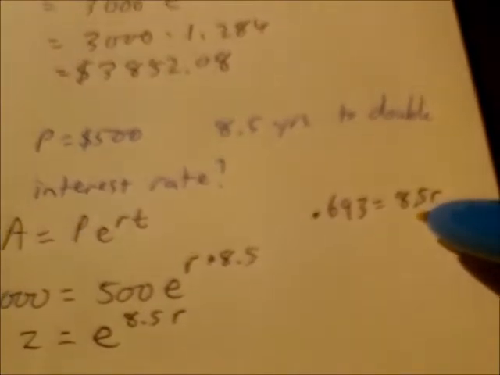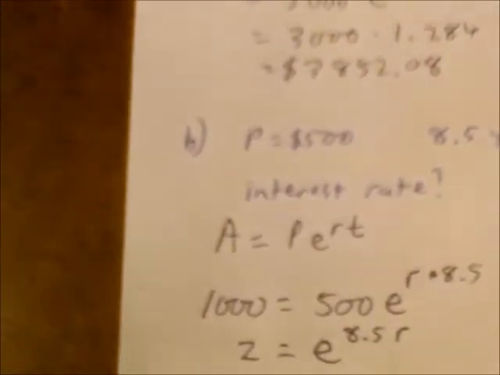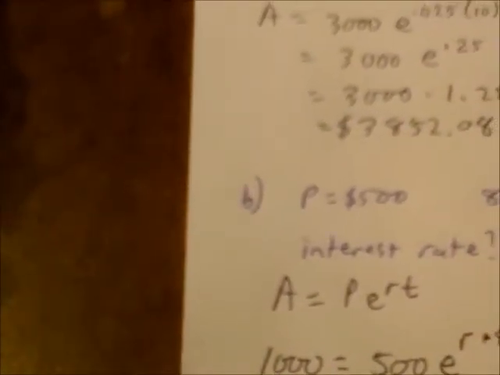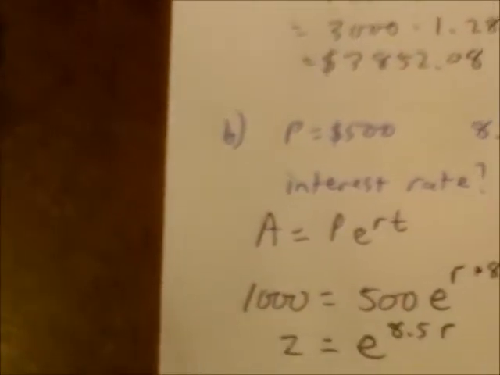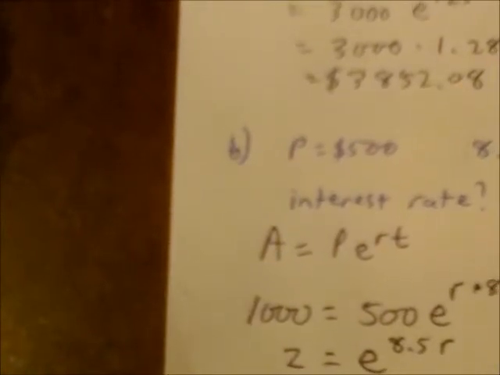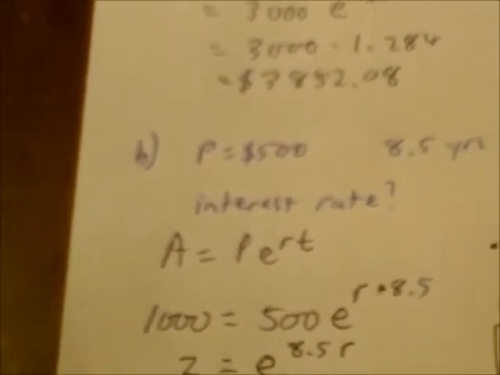Then we divide both sides by 8.5, so 0.693 divided by 8.5 equals 0.082. So r equals 0.082, or 8.2%. Pretty easy, just following the formula.